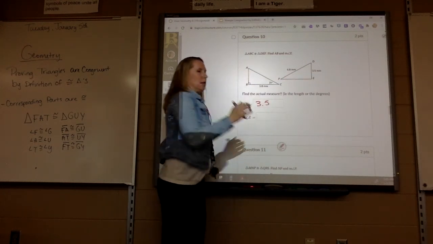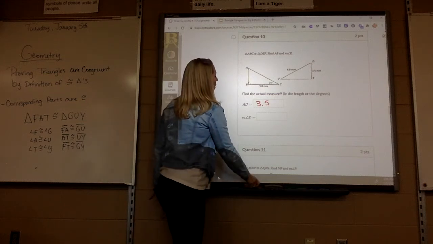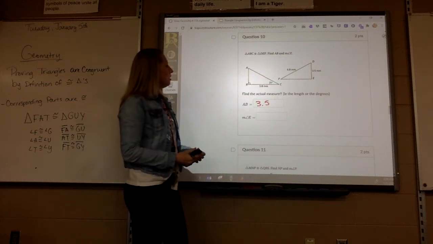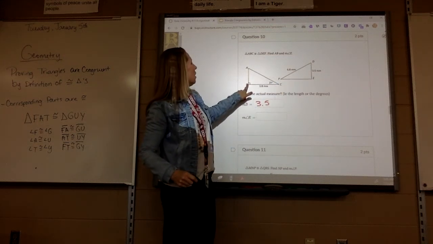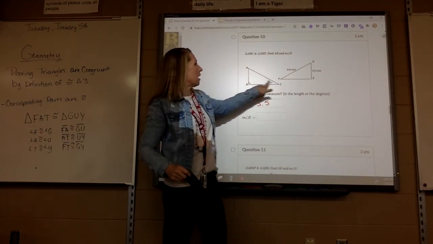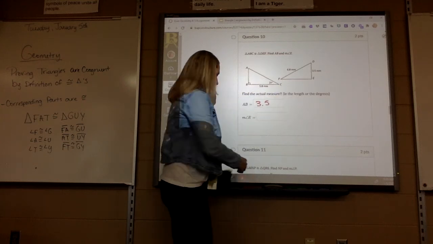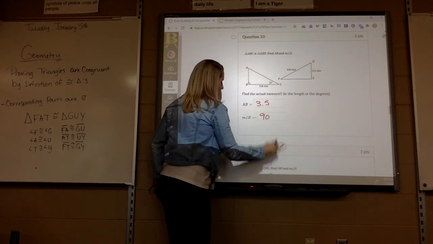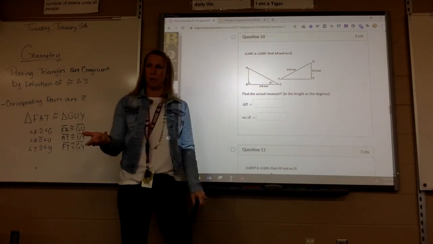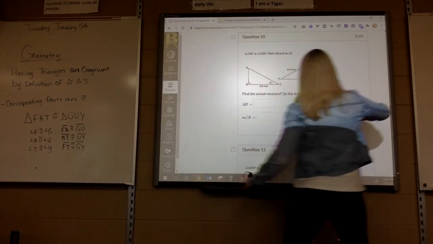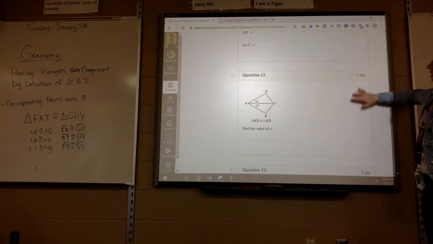And you don't have to put millimeters. And then angle E, well, B is the middle letter and it's 90, so what would angle E have to be? 90, yeah. Don't forget that all the angles in a triangle have to add up to 180 in case you have to find one. All right. Anything else?